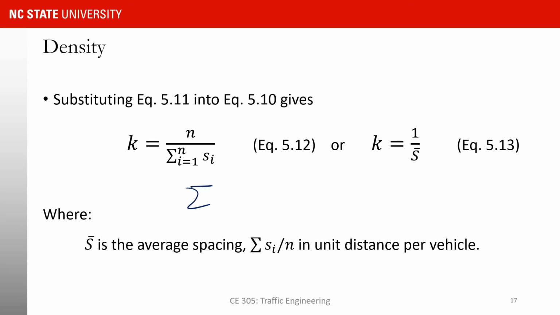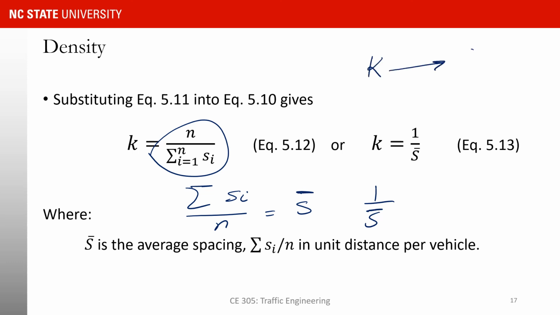And you know that summation of Si divided by N is S bar. So here I have the opposite of that. So I have N divided by summation of Si, which is going to be 1 over S bar, right? So you can see that if you have K, you can get S bar. If you have S bar, you can get K.